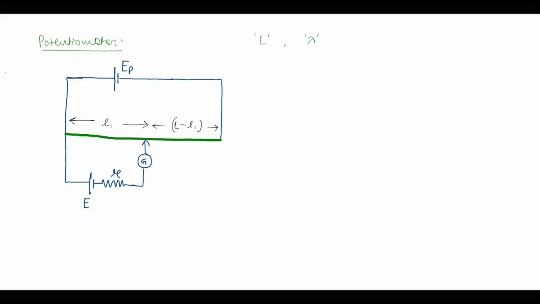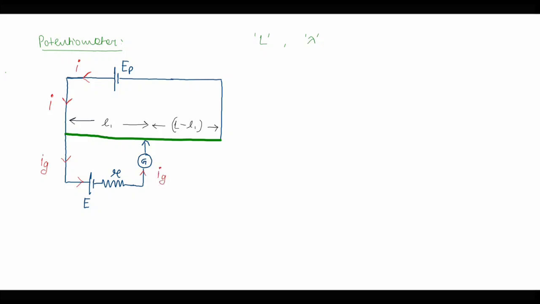Suppose the current division is done like this in this circuit. Current I starts from the primary cell, and over here we are considering that current Ig is flowing through this galvanometer, which is essentially 0 in case of a null point condition.